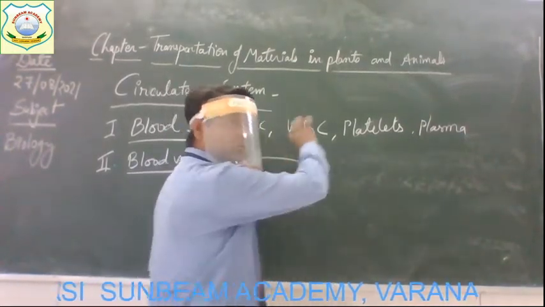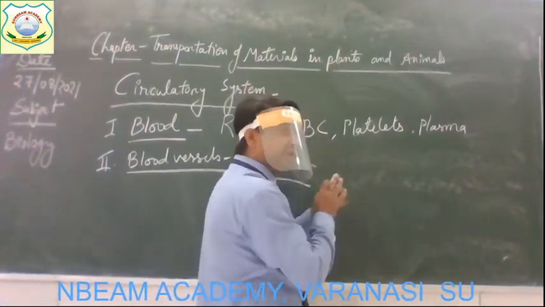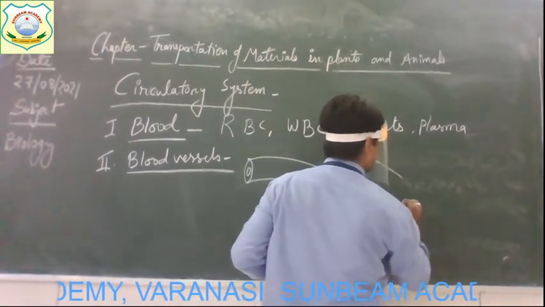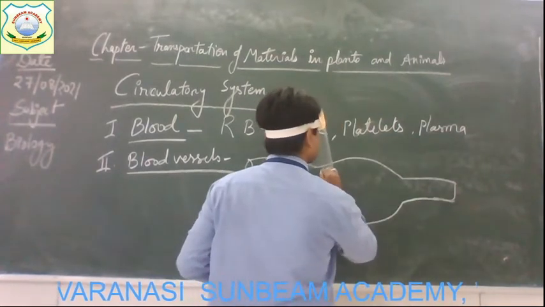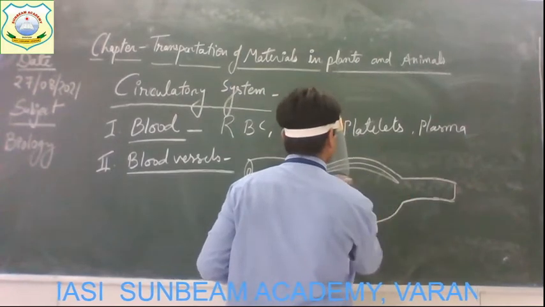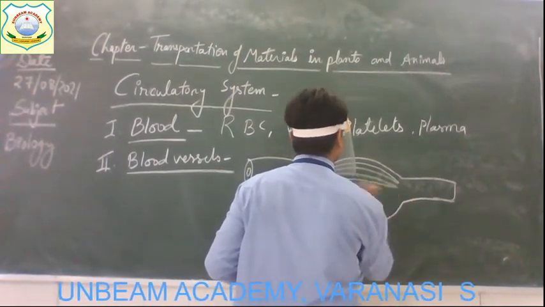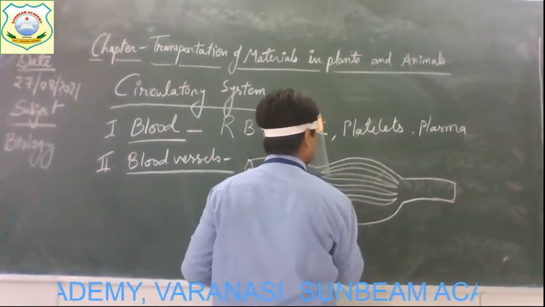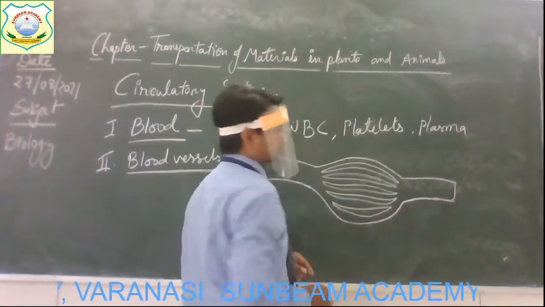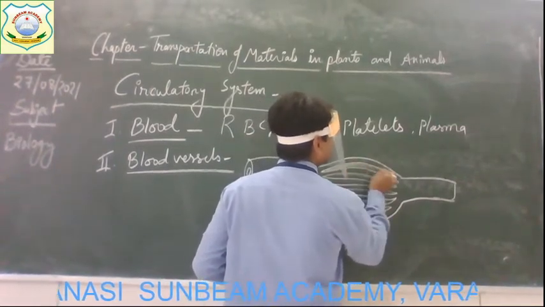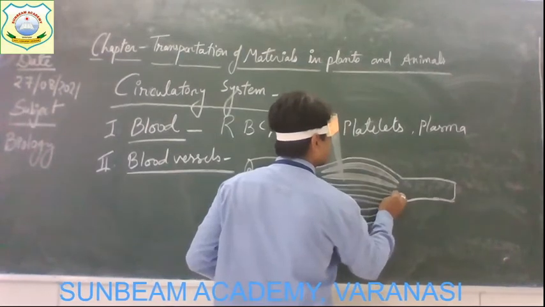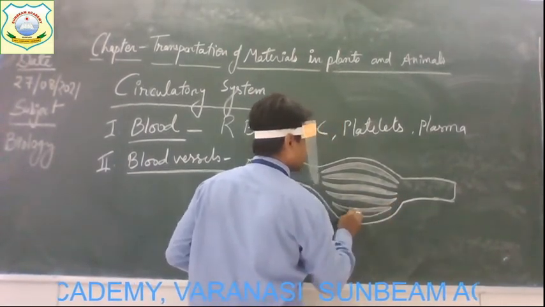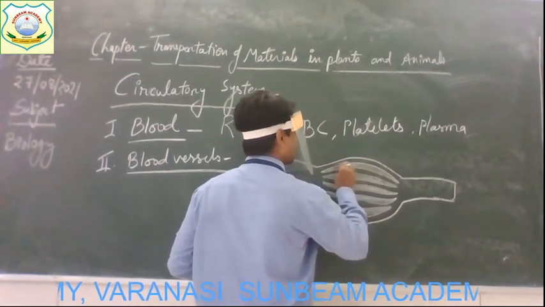Suppose this is the artery which is going to carry the blood. Okay. Now this artery will divide into many fine, thin blood vessels. Now, it's clear.